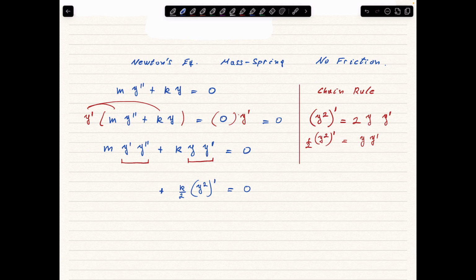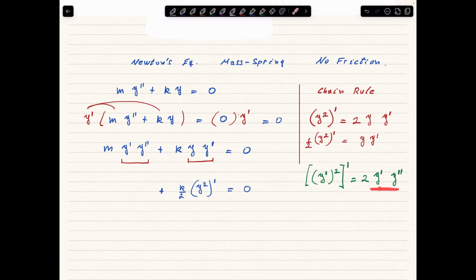All right, now let's change colors, and now let's use the chain rule in here, in y prime squared. What is the y prime squared derivative? Well, the derivative of a function squared is 2 times the original function, which is y prime, times the derivative of that, y double prime.